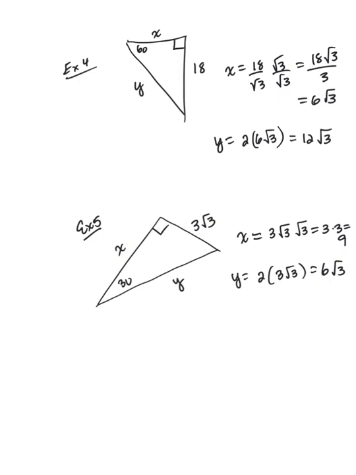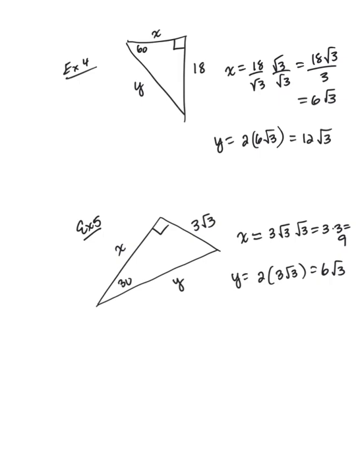Okay, so be prepared for some of these questions to be a little stressful, and there's going to be a lot of radicals involved, okay? But in summary, remember, if you have the side across from 90, divide by 2 to get the side across from 30, and then multiply by rad 3 to get the side across from 60.